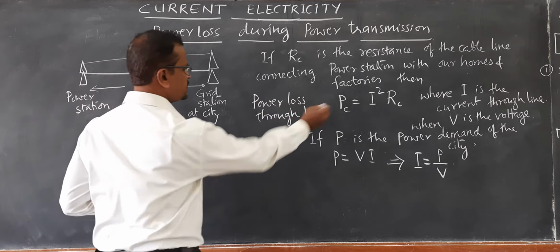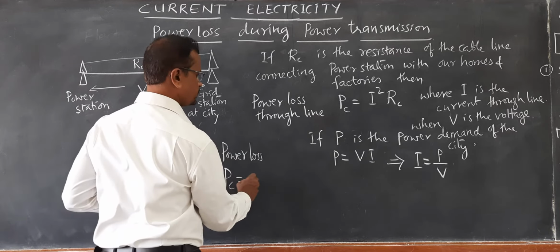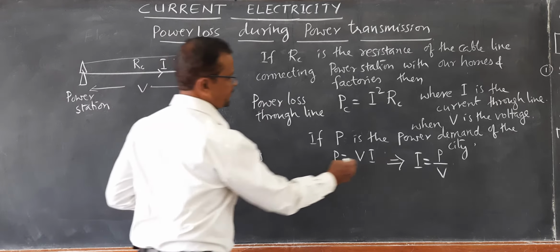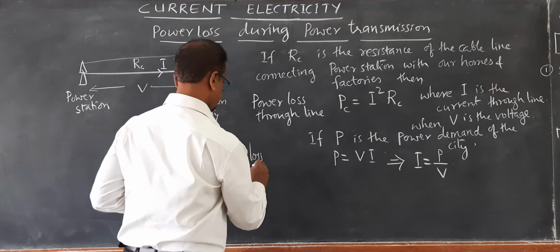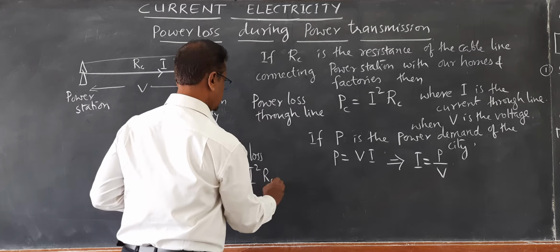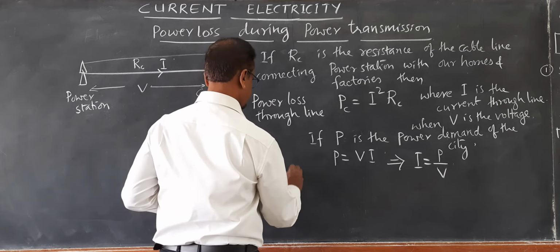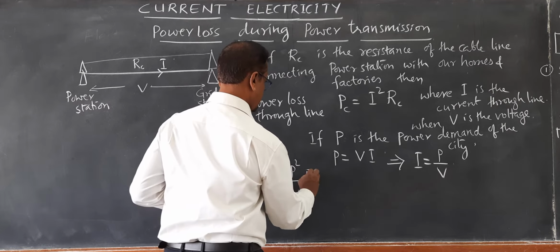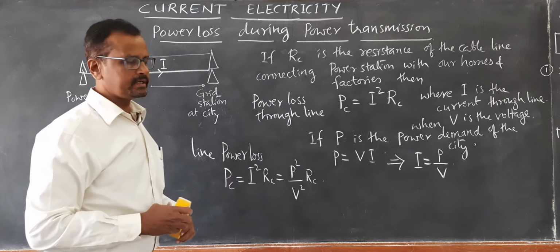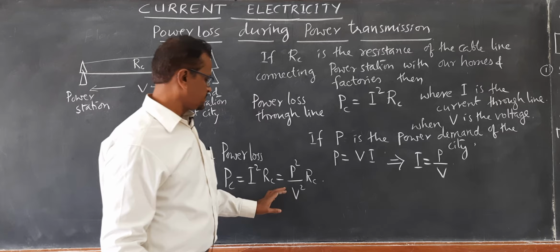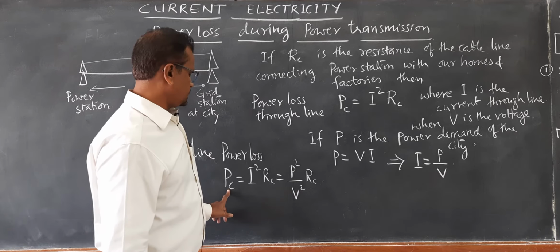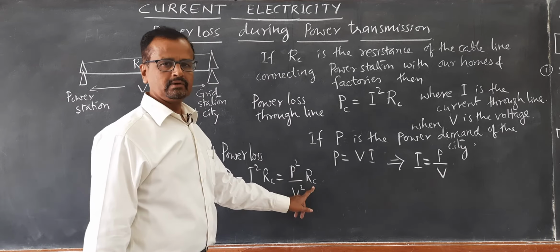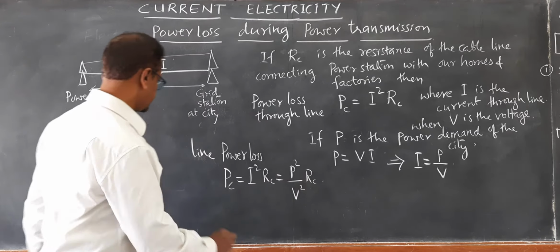Line power loss PC is therefore equal to, look at this, I square RC, that is P square by V square into RC. It means PC is directly proportional to the resistance of the cable.